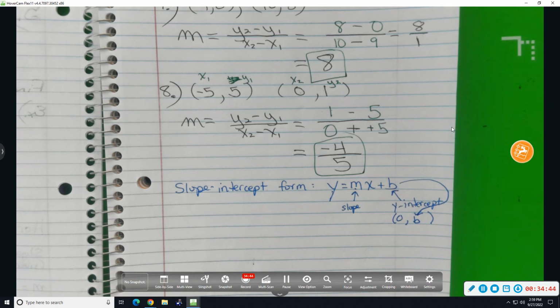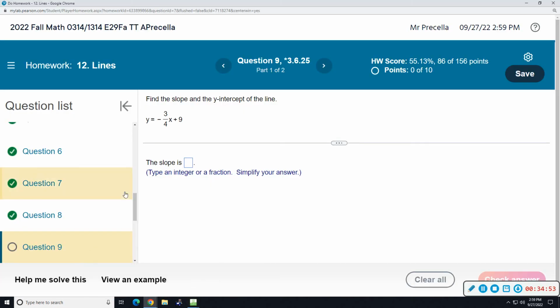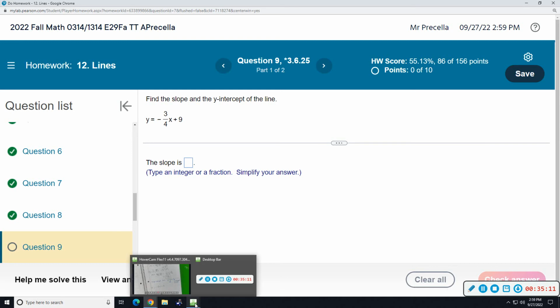Okay. So looking at number 9, y equals -3/4 x plus 9. It asks, find the slope and the y-intercept of the line.